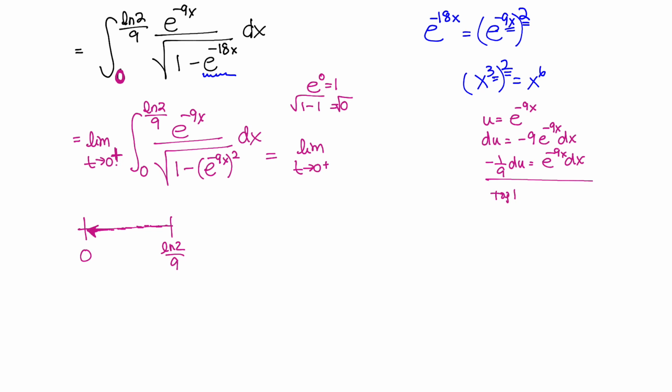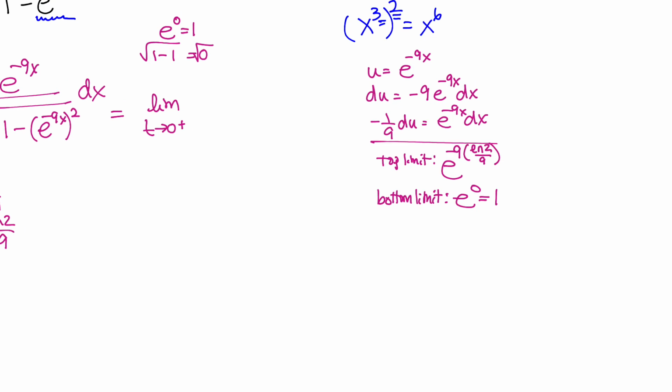And if I change my limits, my top limit becomes e to the negative 9 times the natural log of 2 over 9. And my bottom limit becomes e to the 0, which is 1.